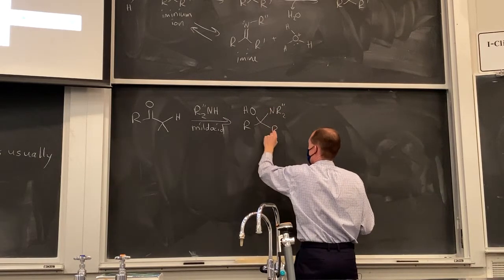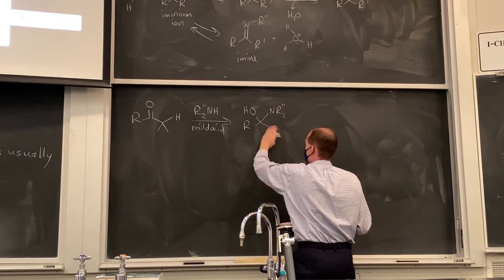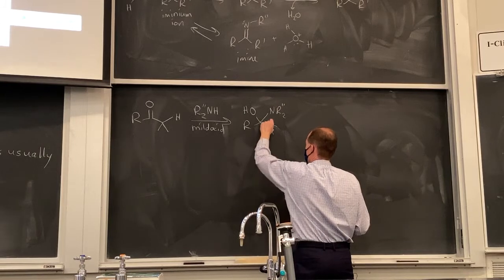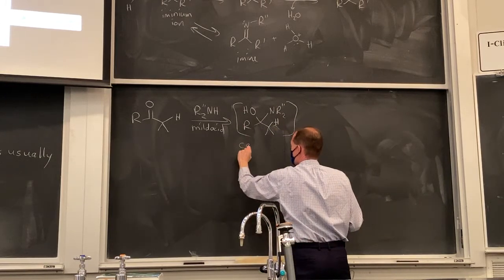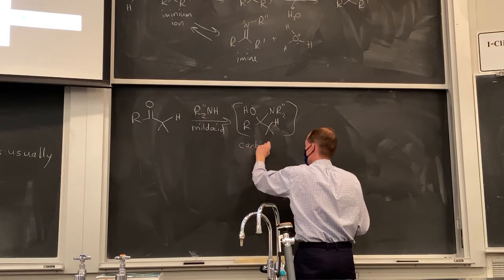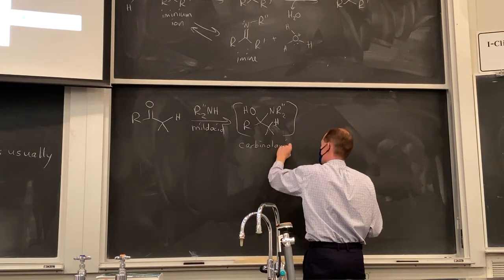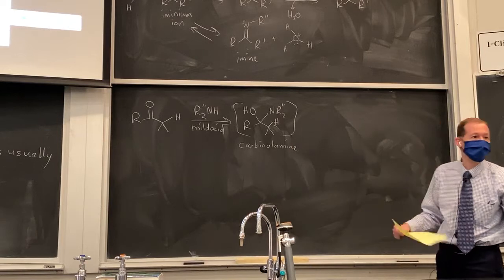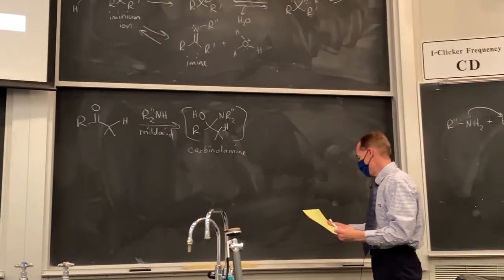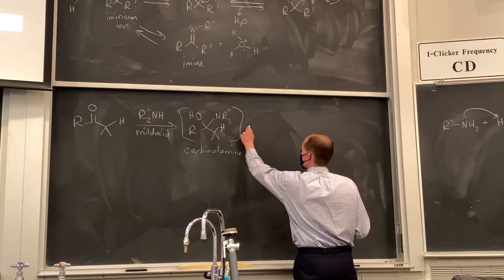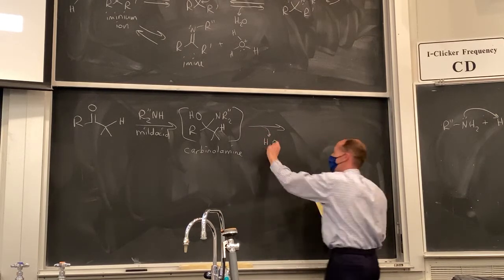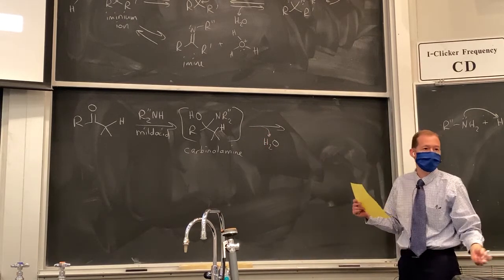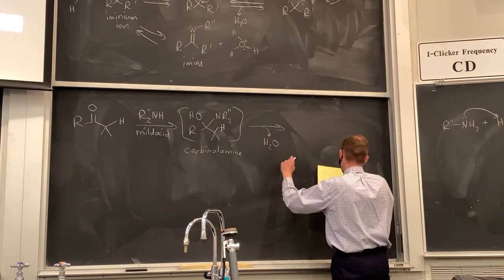We're going to generate that carbinolamine, analogous to the carbinolamine that we formed with our primary amine. We're also going to eliminate water, but we're going to get a different product.